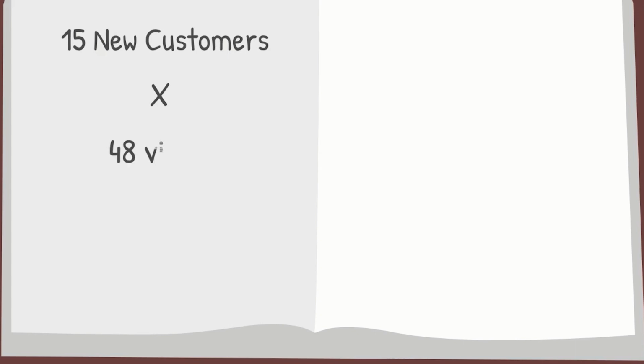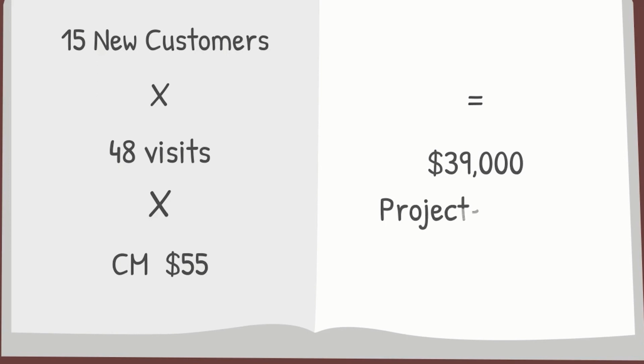In our example of the Oriental medicine practice, let's say the doctor wanted 15 new customers over the next year. Projecting that the 15 new patients will also complete an average of 48 visits over the next 3 years, with a contribution margin of $55, that can bring in $39,000. Now you have a better idea of what to allocate for marketing spend to attract those new customers.